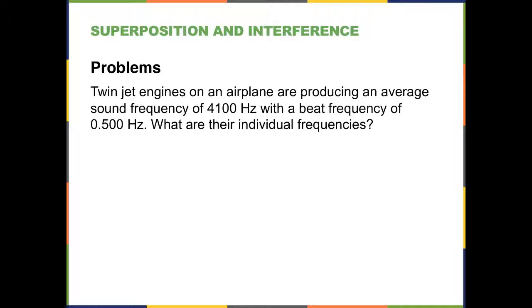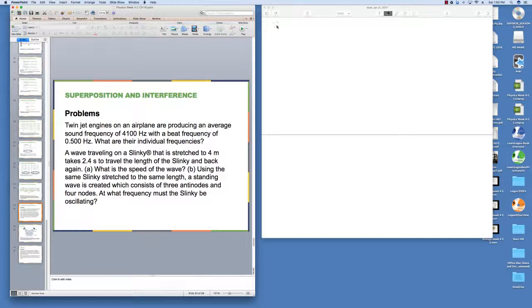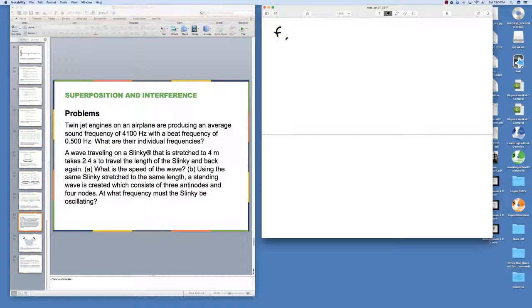Two jet engines on an airplane are producing an average sound frequency of 4100 hertz with a beat frequency of 0.5 hertz. What are their individual frequencies? So the average is equal to (F1 plus F2) divided by 2.